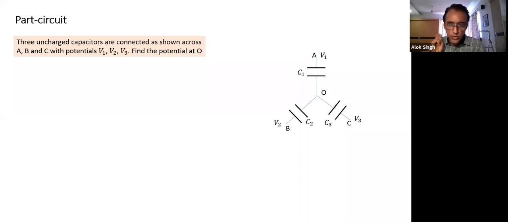The unique potential at O is such that the charges on the three capacitors are distributed so that the sum of the charge on these three plates connected to O is equal to 0. That's the condition I need to apply. Now let's think of how to convert this logic into an equation.